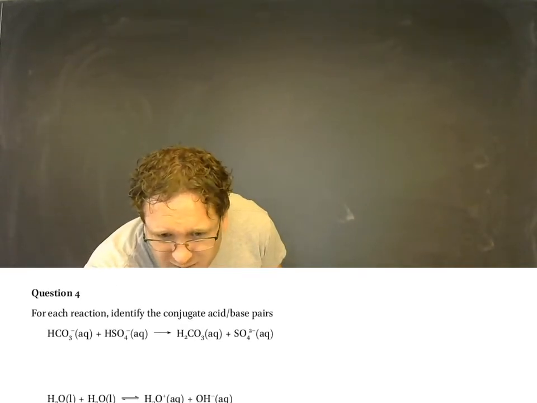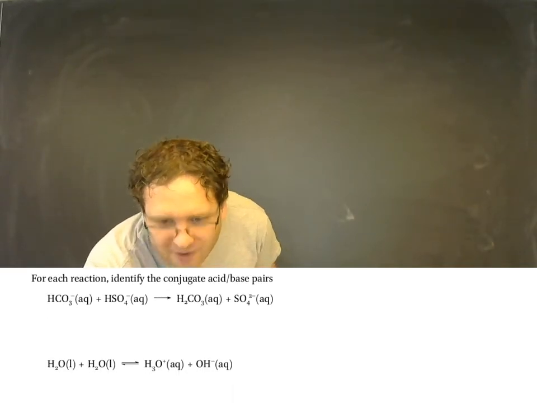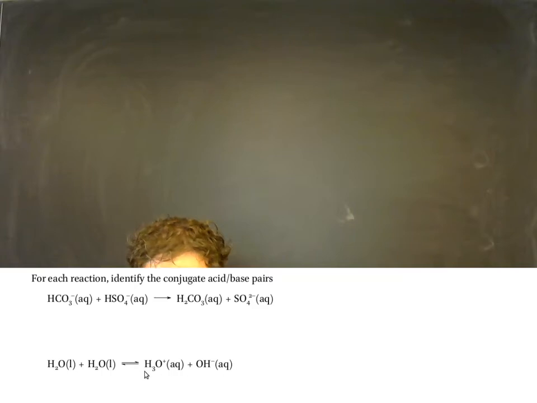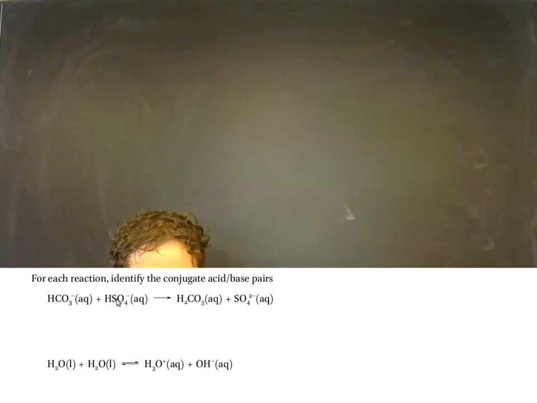Ooh, guessed wrong again. Okay, question 4. For this one, let's just look at it. We have conjugate acids and bases here in all of our reactions. And the trick is to identify where hydrogen has been transferred in both the forward and the reverse reactions.